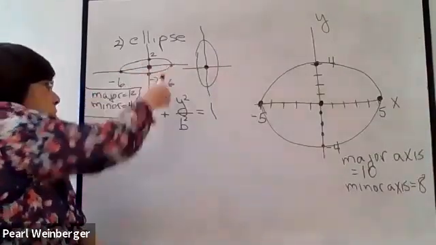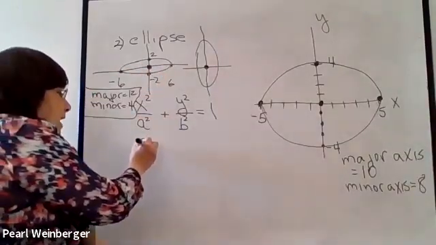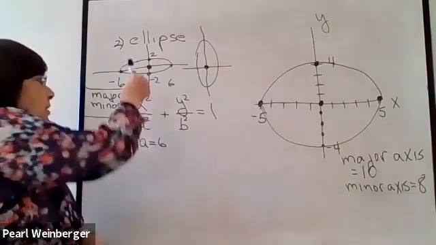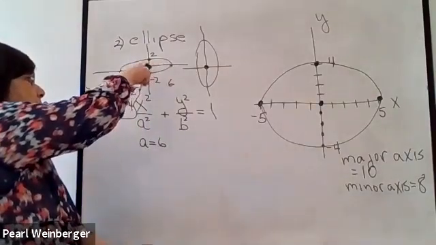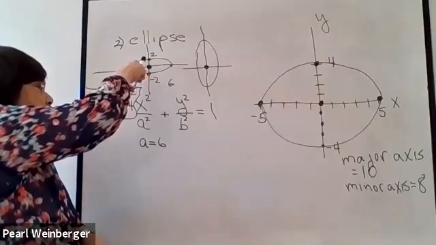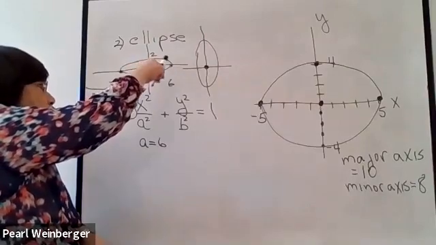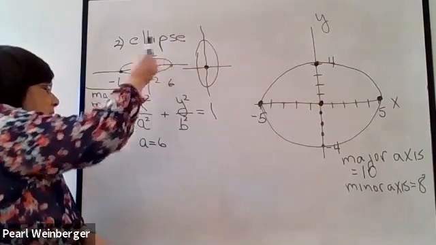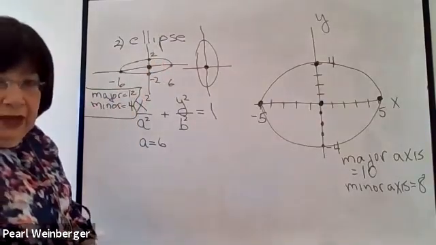If I look at this one, I see that the A has to equal 6, because the A is how far it is from the origin to the place where it crosses the x-axis.